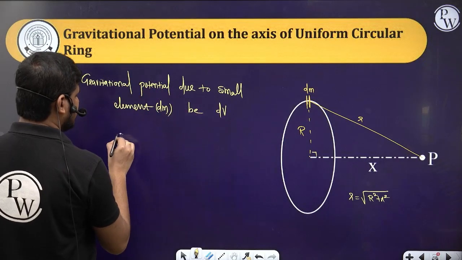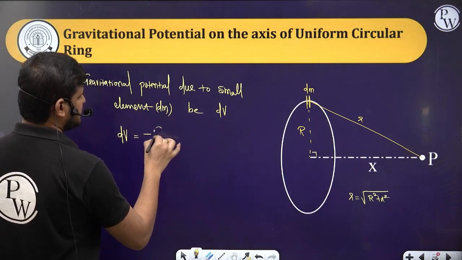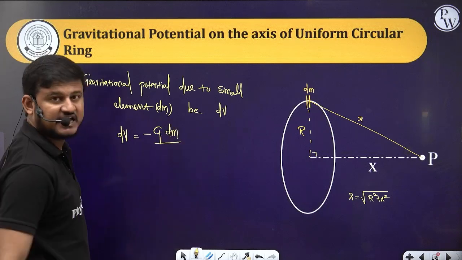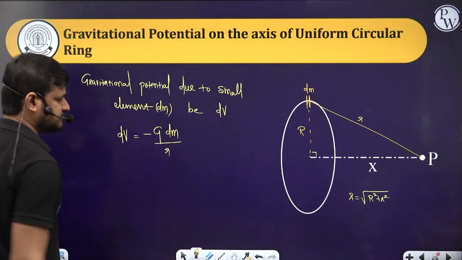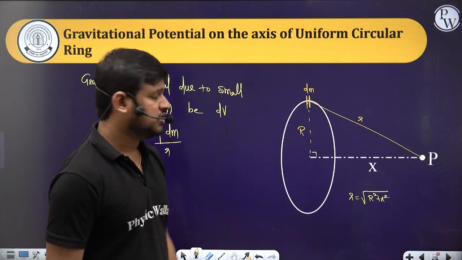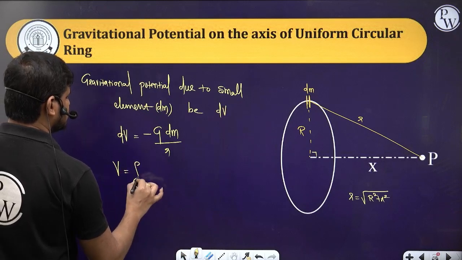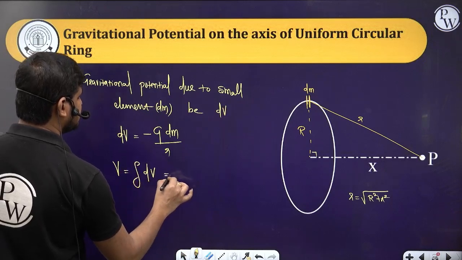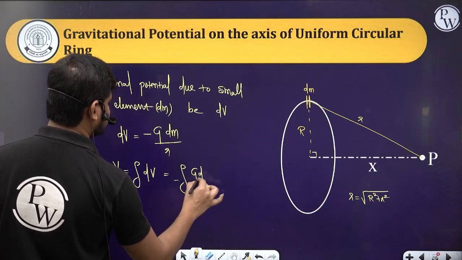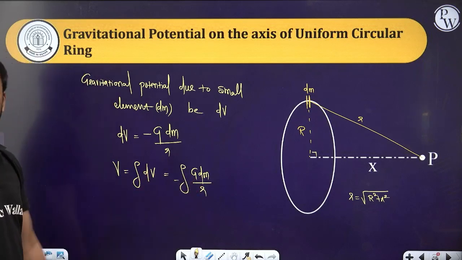So what is dV now? dV is equal to minus G dm by R. Yes or no? This is due to only the small element dm. If you need the total gravitational potential, it is the integration of dV, which is the integration of minus G dm by R, taking minus out, minus G integral of dm by R.